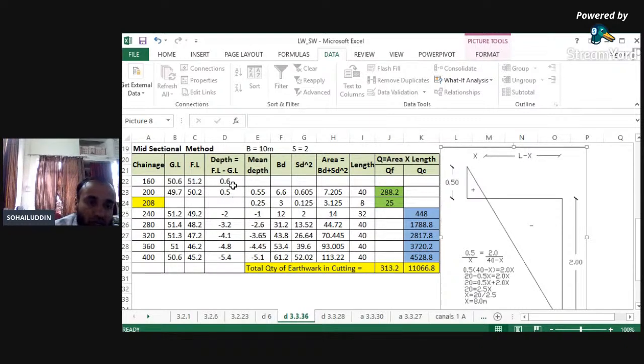As I already said, only in the depth formula are we representing this minus sign, in order to show which part will be in cutting and filling. In the rest of the formulas there is no use of this minus sign.